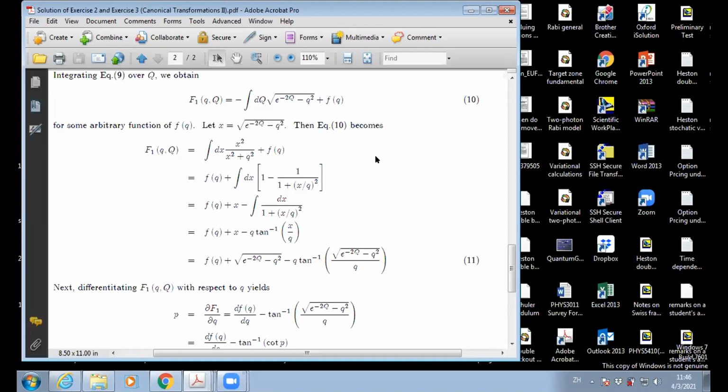What you need to do is to compare the fundamental Poisson brackets of the old conjugate variables and also the new conjugate variables.